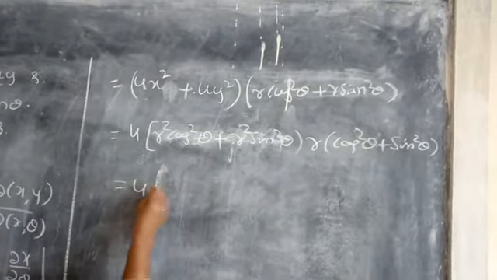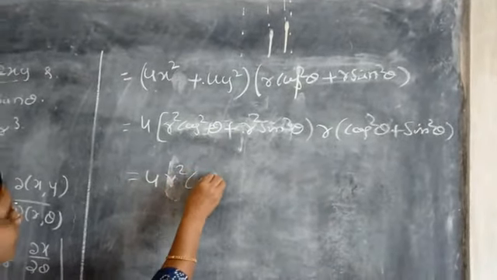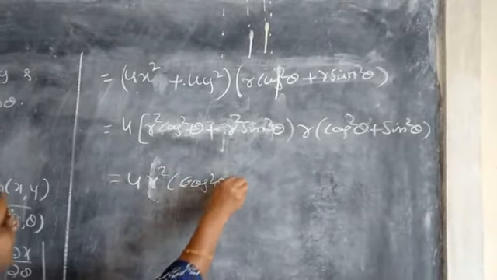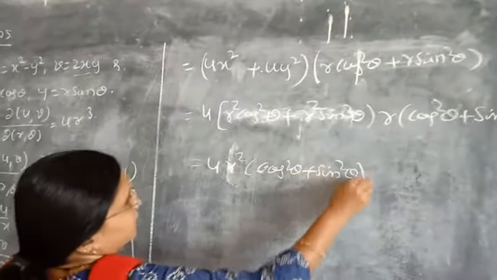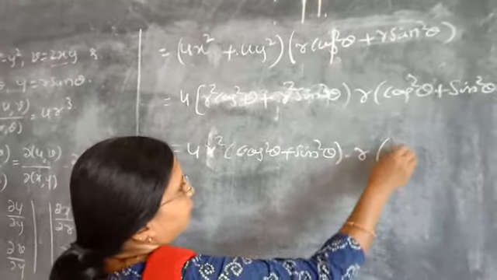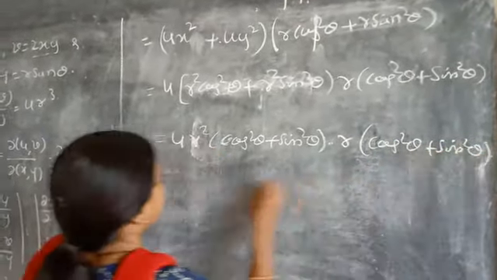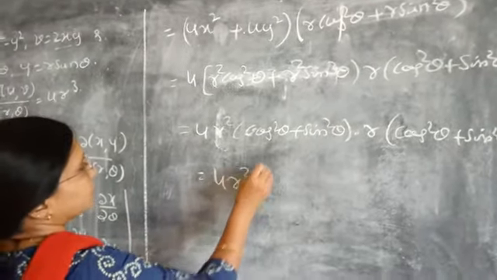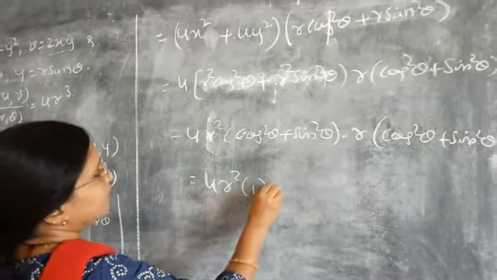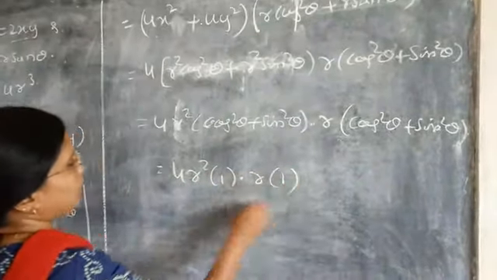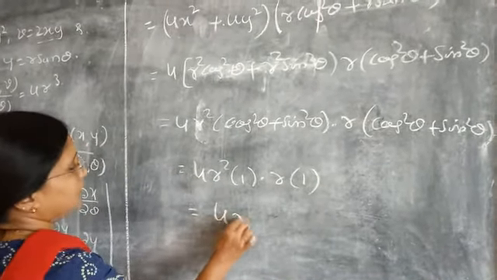In these terms again we have r square common here. The remaining term is cos square θ plus sin square θ into r. Again here we have cos square θ plus sin square θ, and we know this is 1. So 4r square into 1, into r again, is 4r cube.